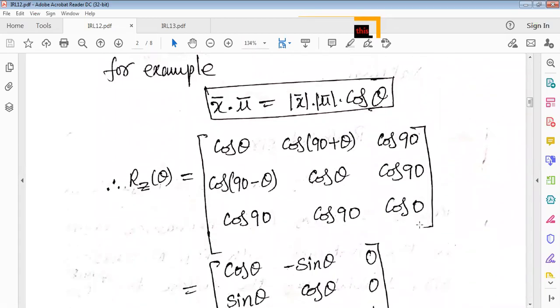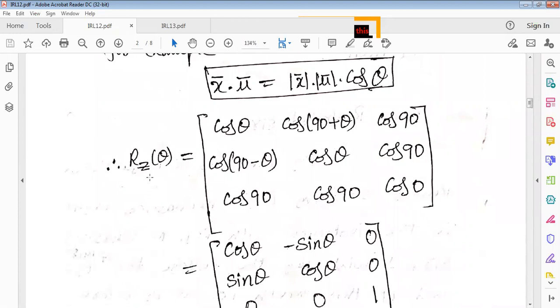So for the rotation matrix about the z-axis, this is the matrix. This is cos theta, the angle between x and u. Then cos 90 plus theta, the angle between x and v. Then cos 90, the angle between x and w.